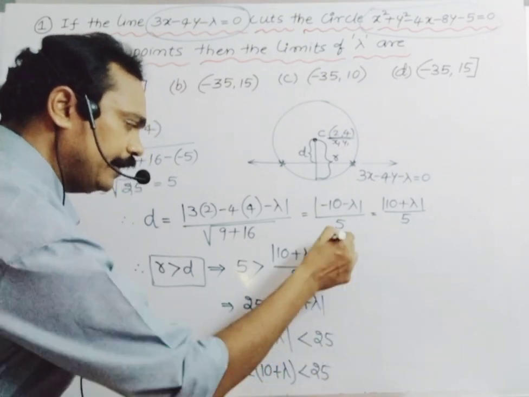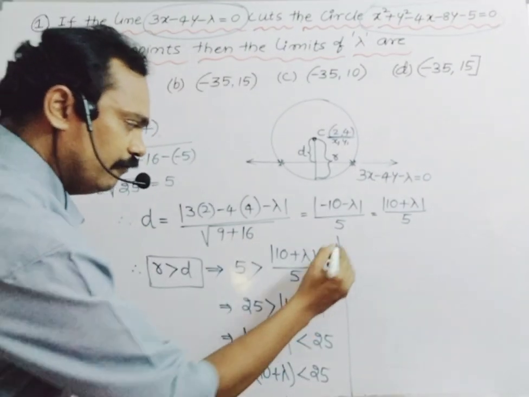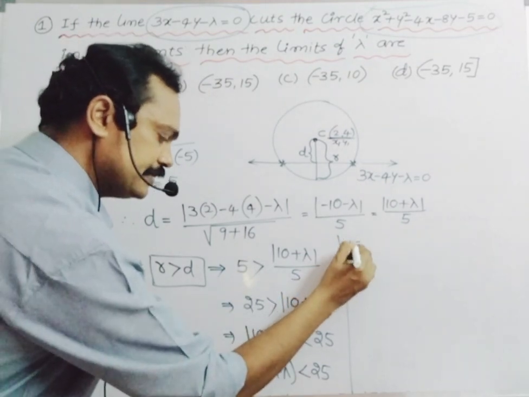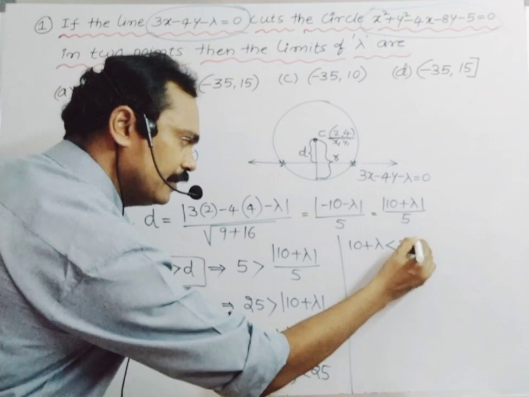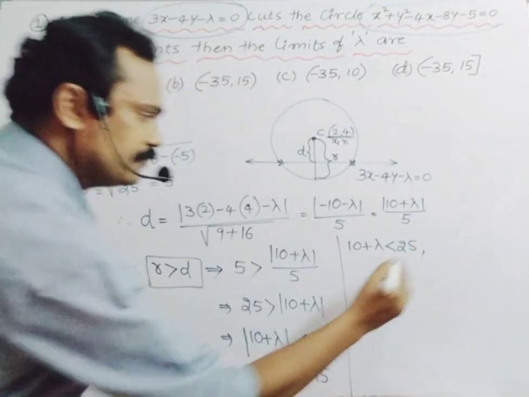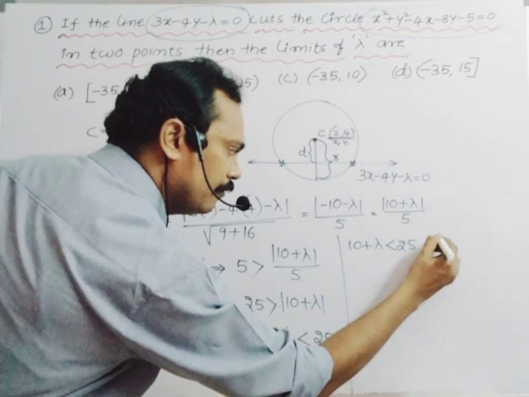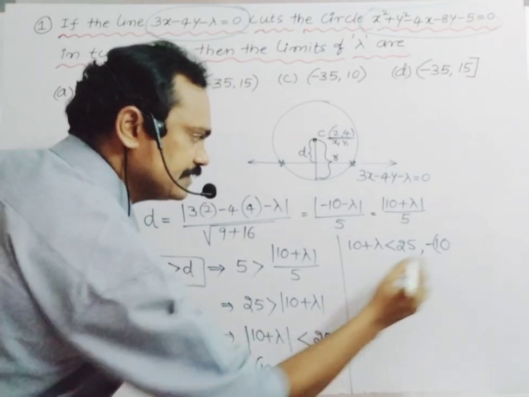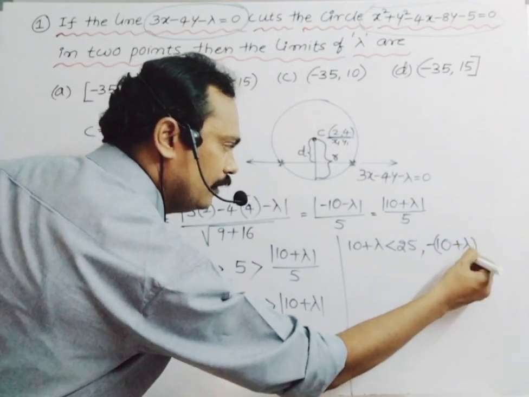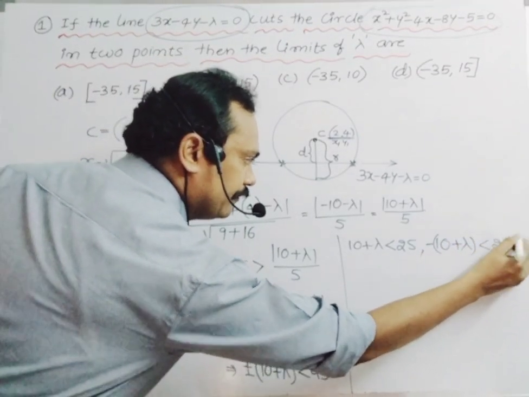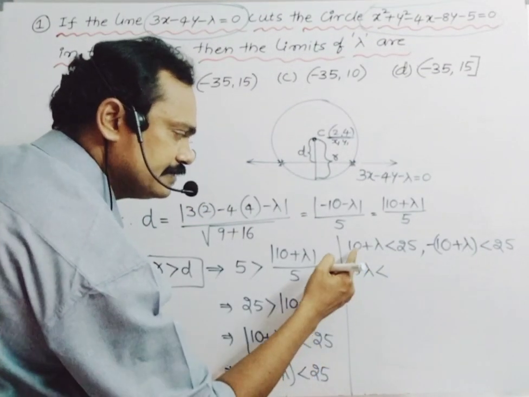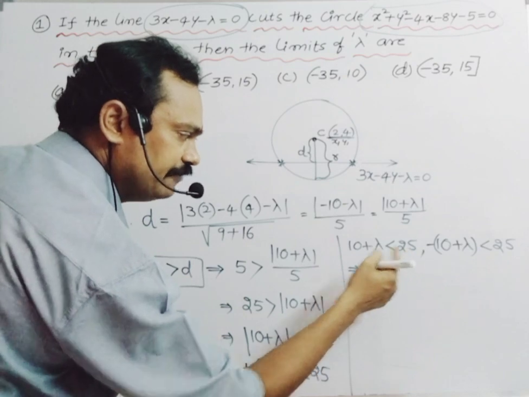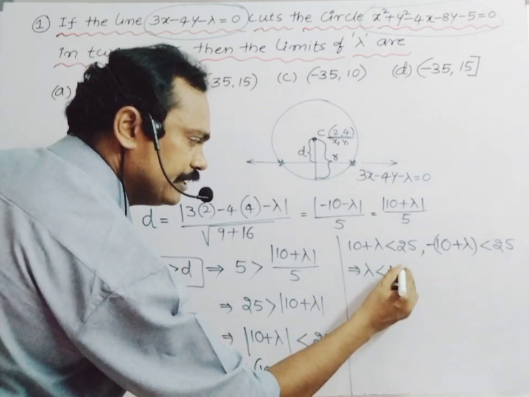Now observe. One expression is plus 10 plus lambda is less than 25, and one more expression is minus of 10 plus lambda is less than 25, right? Here, lambda is less than 25 minus 10, which is 15.